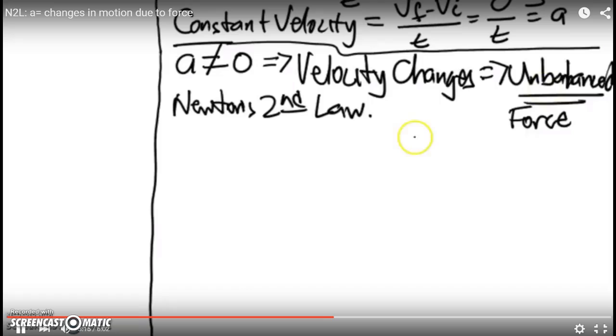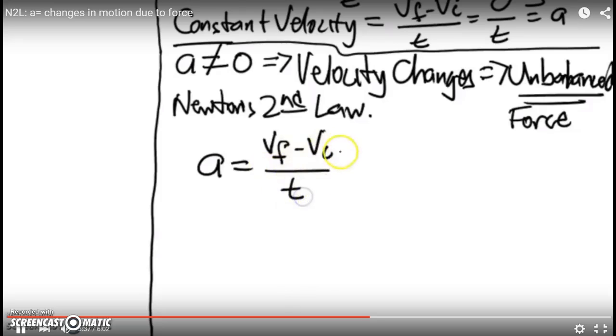Let's take a look at acceleration. We saw from our first unit that acceleration is our change of velocity divided by time. So acceleration is our final velocity minus our initial velocity divided by time, or the amount of time it takes for that velocity to change.